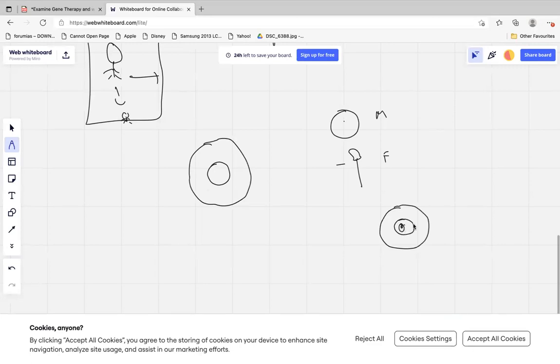There would be two nuclei like this. Over a period of time, this will become a single nucleus.